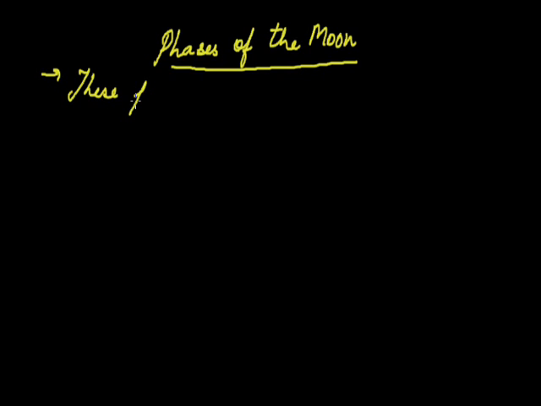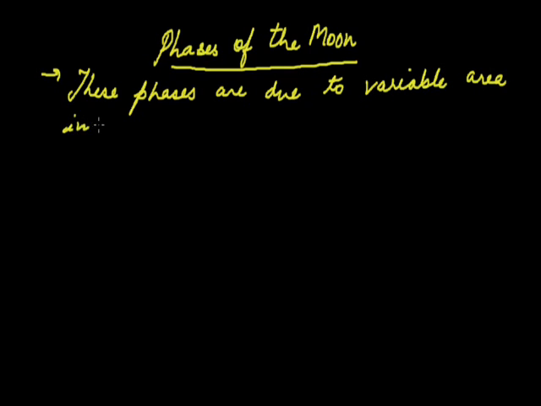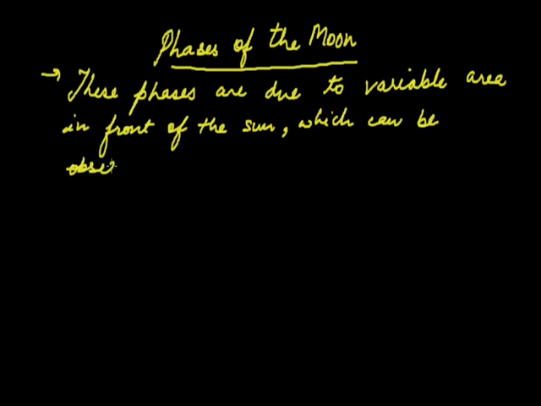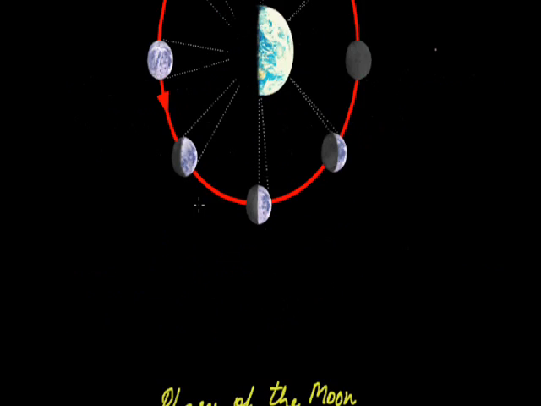These phases are due to the variable area in front of the sun which can be observed from Earth. That's why we observe the phases of moon. In Hindi, these phases are called Kalaएं, Chandrama ki Kalaएं. Now, obviously, this is due to the relative position of Earth, Sun and Moon.